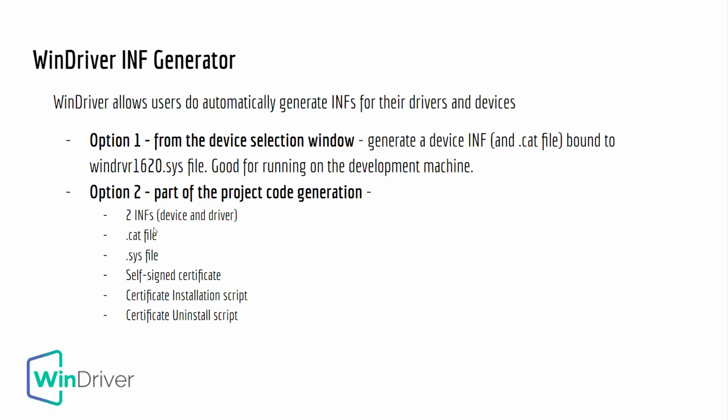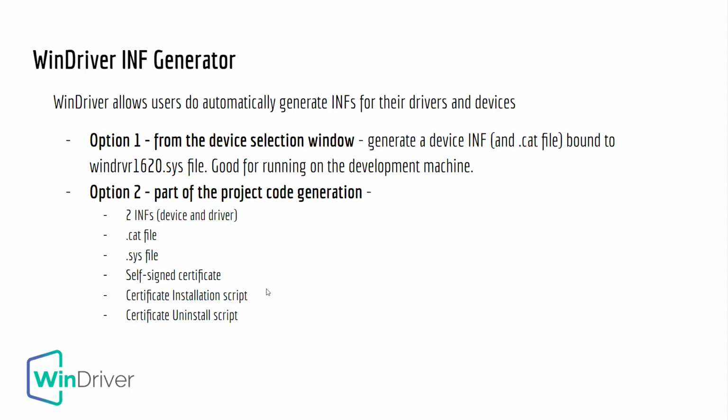The other option is to generate INFs during the code generation. This is maybe WinDriver's main purpose. You click on generate code and you have the whole code with all the parameters and actions and functions you entered on the wizard. So when you generate the code, as you know, you get two INFs, device and driver INF.